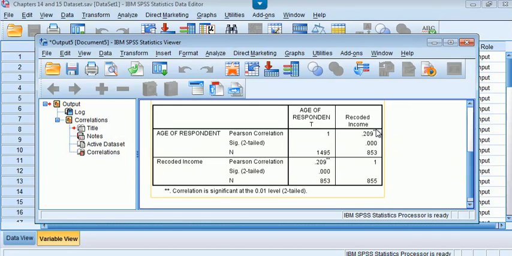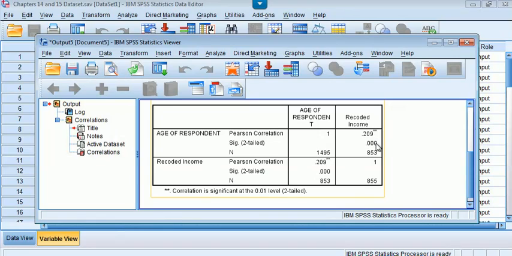It's 0.209, so if you go back to our chart on page 240, 0.209 says that it's a moderate relationship. It's also positive. This means that as the age of the respondent increases, income also increases, because those variables are moving in the same direction.